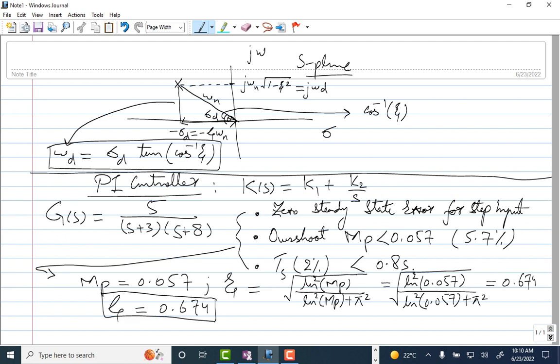So I know the zeta. Now I move to the next one, settling time. For the 2% criterion, it is less than 0.8 second. If I remember, the formula for settling time is 4 divided by sigma d.